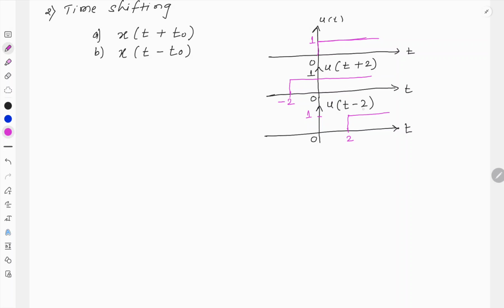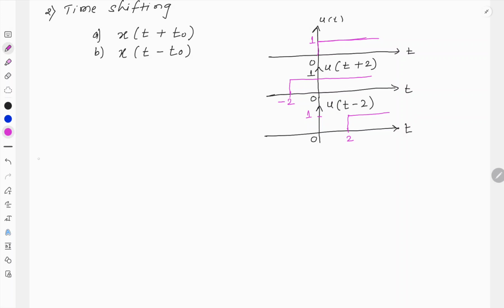Similarly, u of t minus 2, the signal is shifted towards the positive axis. So the signal starts at the origin, shift this origin by amount 2 towards the right-hand side. So this 0 is shifted to 2 and the signal is drawn again approaching towards positive infinity. So this is the time shifting operation.